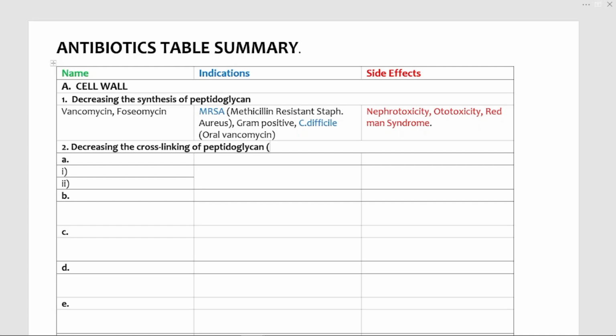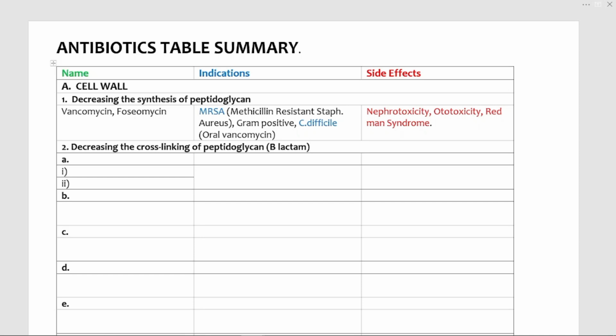These antibiotics, always refer to them as the beta-lactams. They've got a beta-lactam ring that makes them effective. They decrease the cross-linking of peptidoglycan by binding to penicillin binding proteins found in the cell membrane. When they do that, they interrupt the structure of the cell wall, making the bacteria lose its viability.